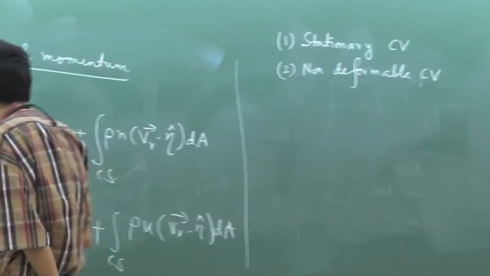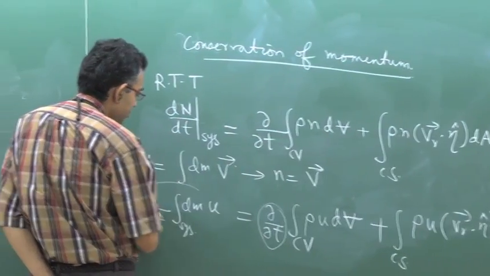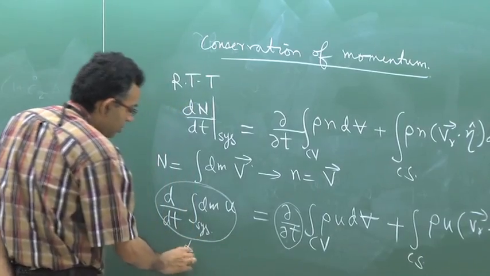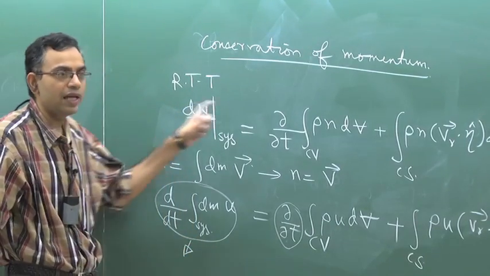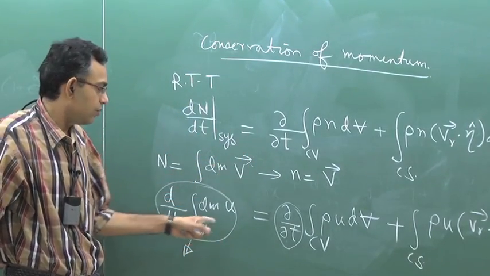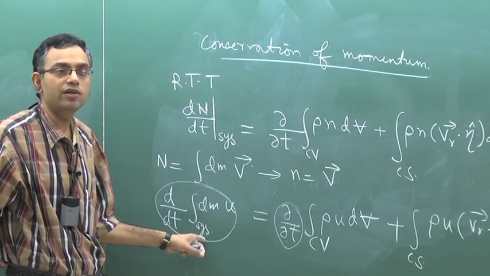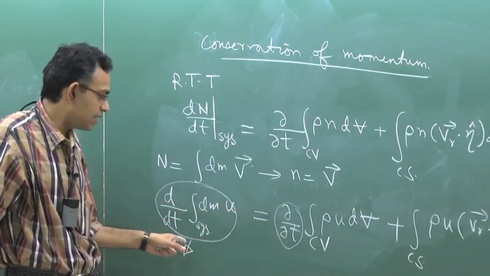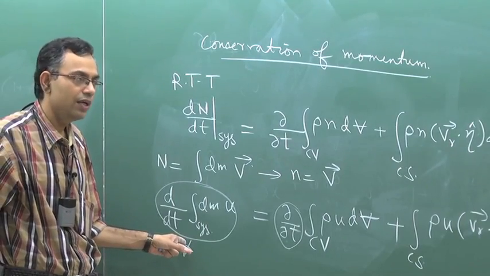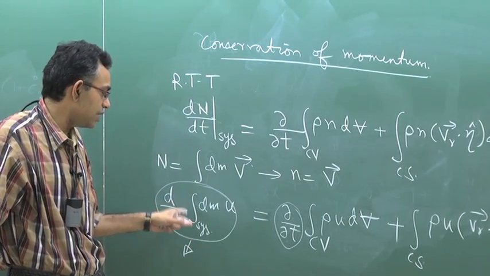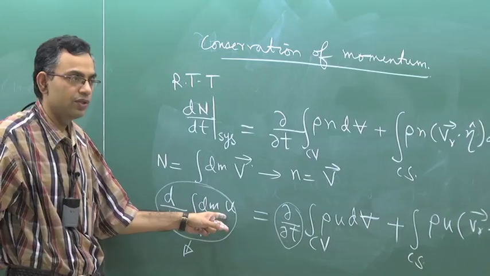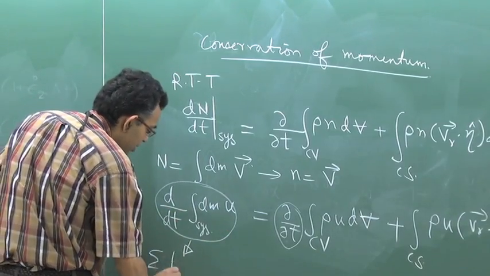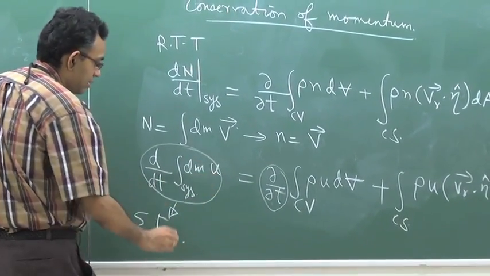Not only that, what is the left hand side? This is why we apply the Reynolds transport theorem. For this you can directly apply Newton's second law, but not for this term, because this refers to a control mass system. This is the rate of change of linear momentum of the system. So this is the resultant force along x acting on the system.